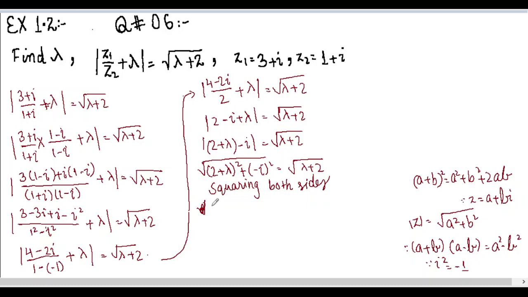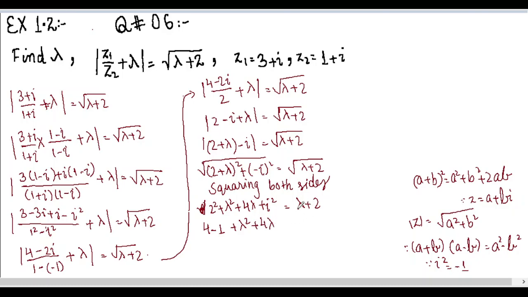So here it becomes 2 square plus lambda square plus 4 lambda plus iota square equals lambda plus 2, because this square cancels the square root. 2 square is 4 plus iota square, and iota square equals minus 1, so it is minus 1 over here, plus lambda square plus 4 lambda.